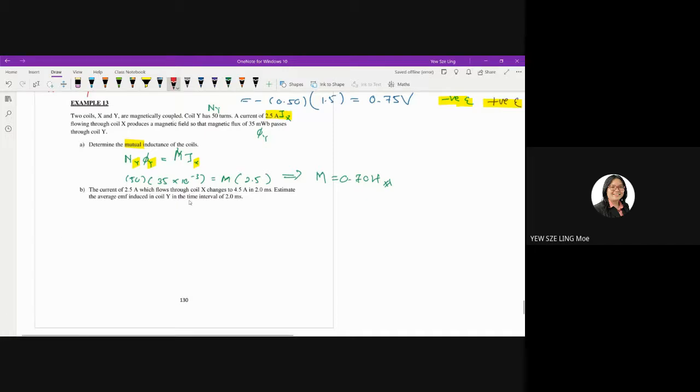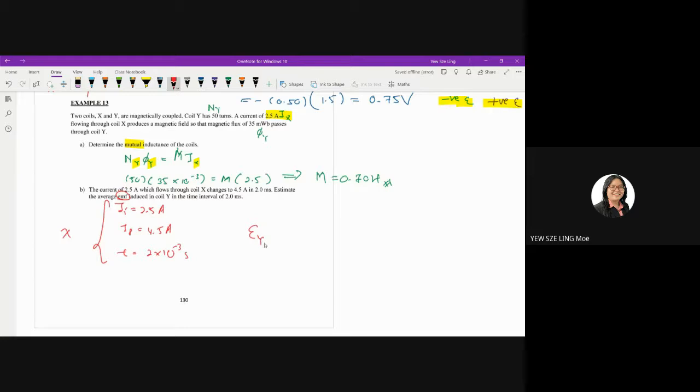Question B: the current of 2.5 ampere changes to 4.5 ampere. I initial is 2.5, I final is 4.5, in a time of 2 times 10 to the power of negative 3 seconds. Estimate the average EMF induced in coil Y. This information is for coil X, and now for coil Y you want to calculate the induced EMF.